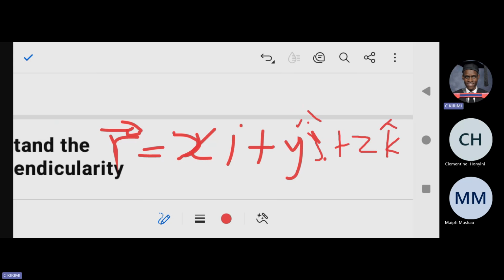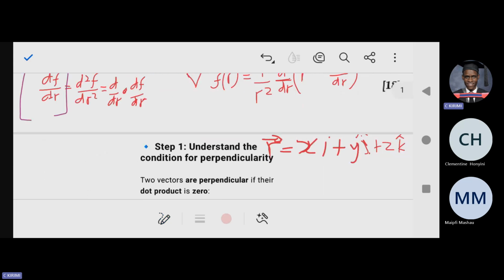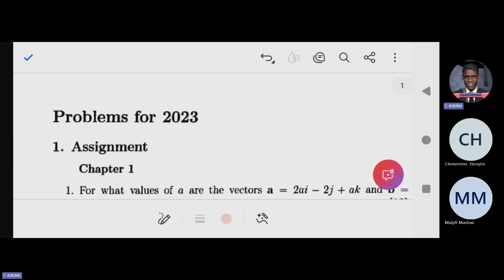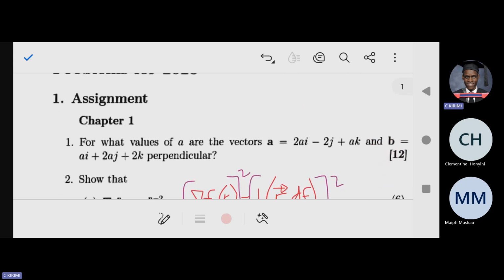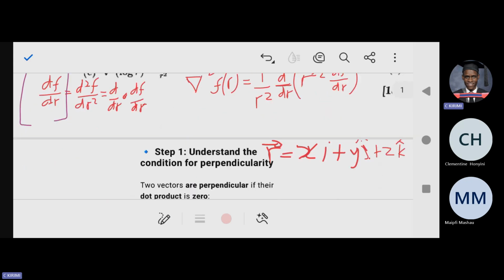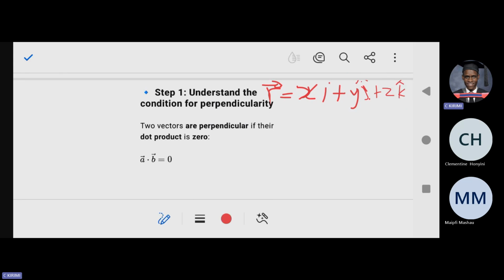Yes. So when you want r squared, we are going to use the dot product, like what we were doing in question number 1, when finding if they are perpendicular. Why are we using the dot product? Because we are trying to find r squared.